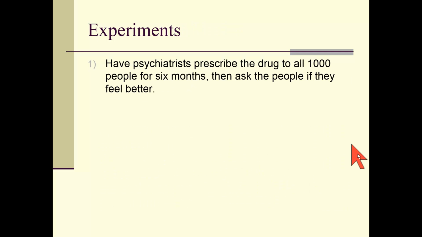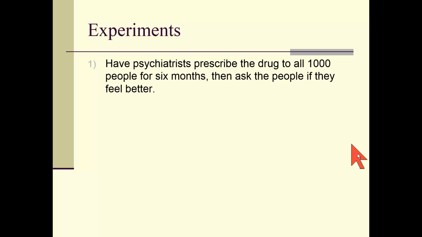Here's the first. Have the psychiatrist prescribe the drug to the 1,000 people for 6 months, and then ask or somehow diagnose the people if they feel better. If this had been in class, I would have asked the several groups of students to talk about this and decide what they think is appropriate about this or not. I would suspect on this first one that you're rolling your eyes.